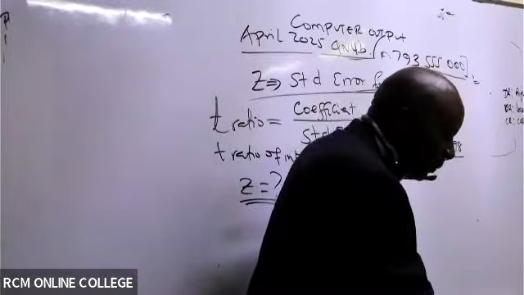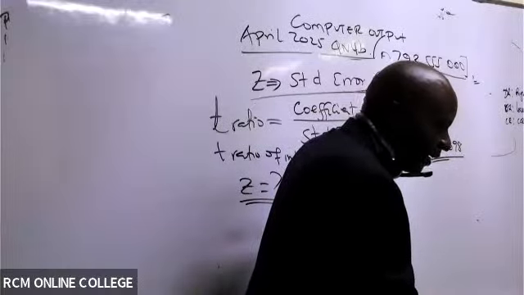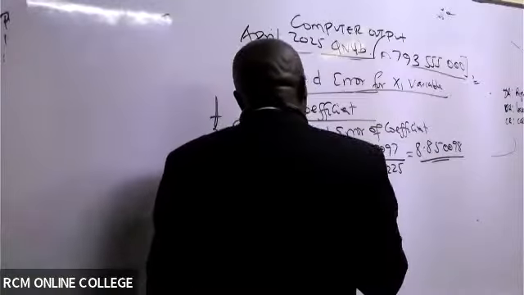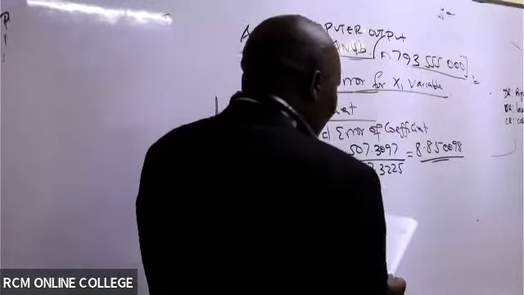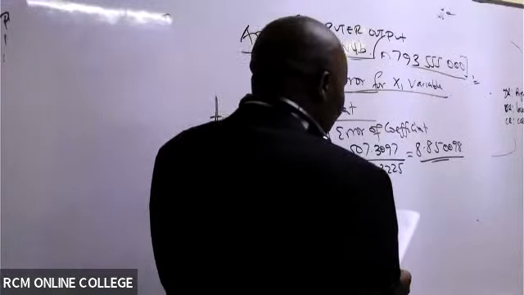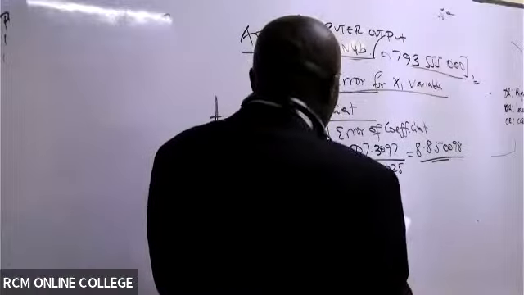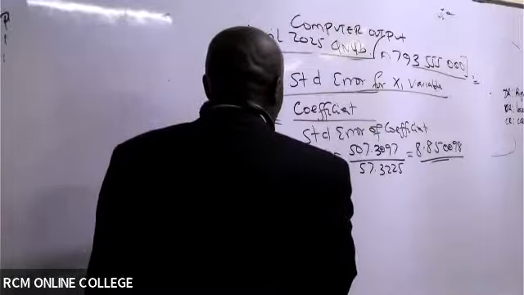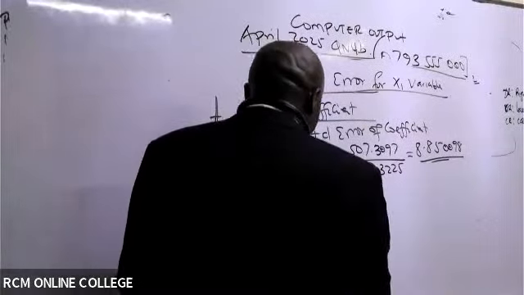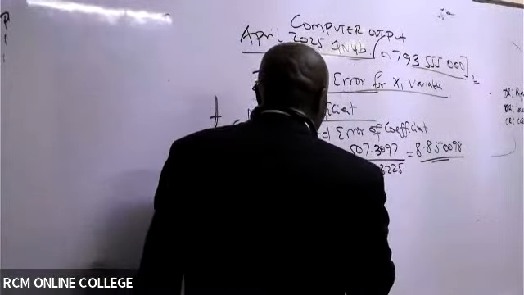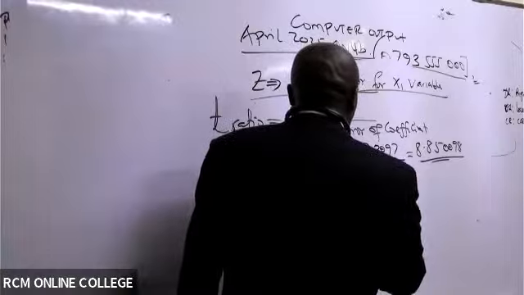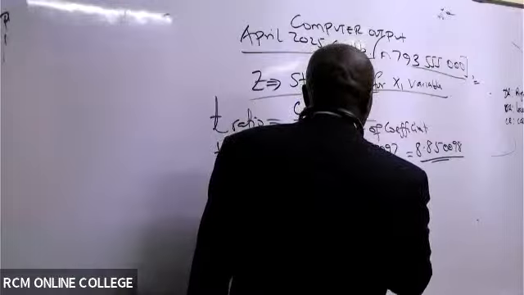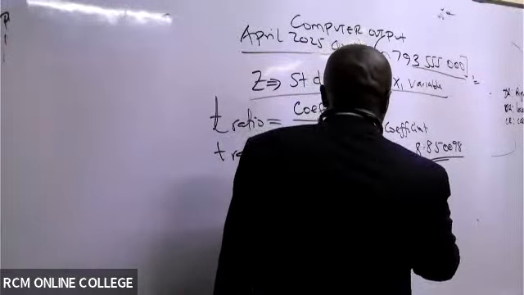Now most of them are able to get the correct answer. What they are telling me is that teacher, we can see that the T ratio has been given. T ratio is given, isn't it? Remember our formula, T ratio equals coefficient all over SB, or standard error of the coefficient.